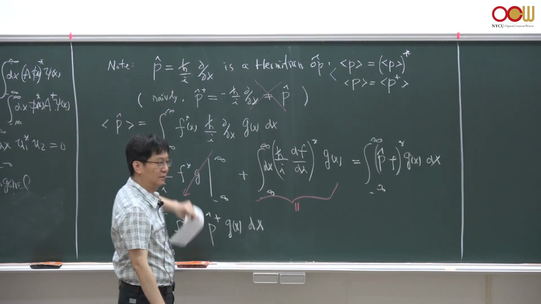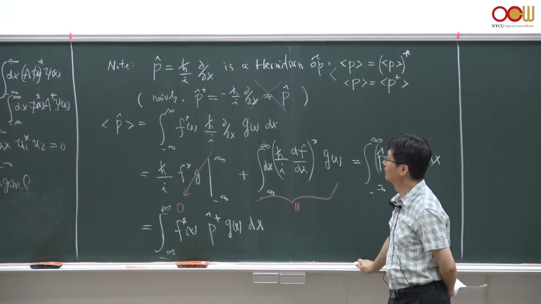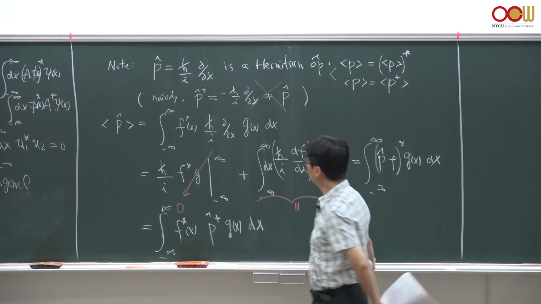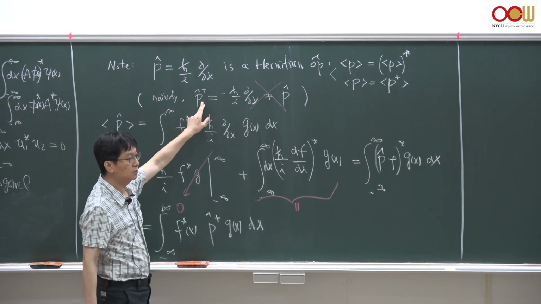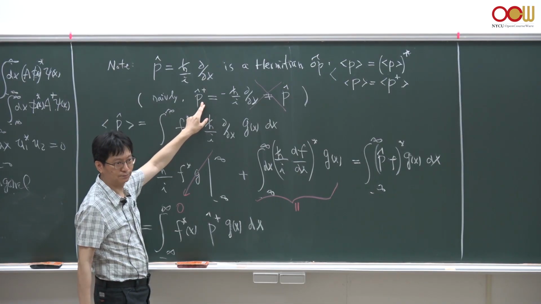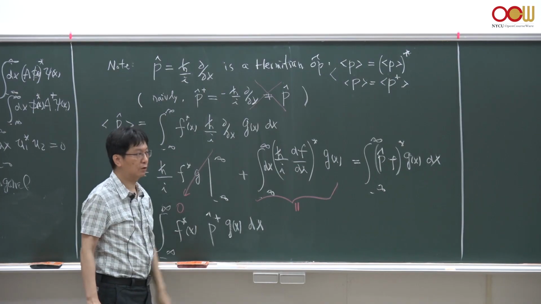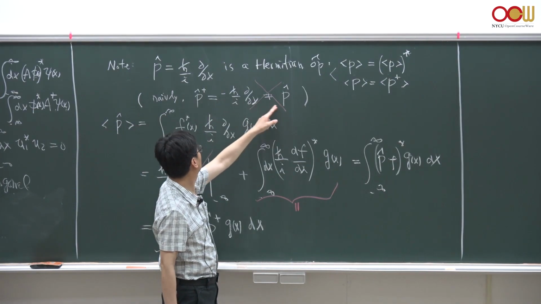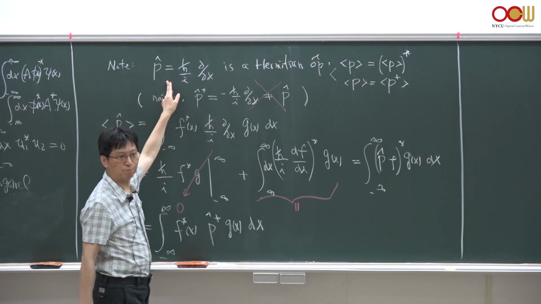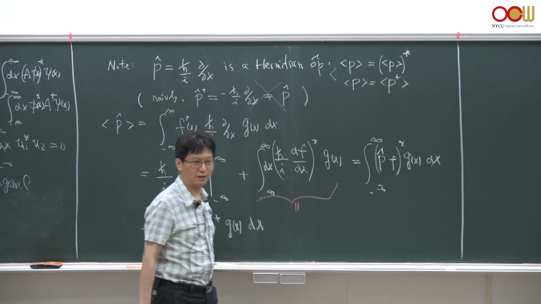However, naively, you will find a very confusing result, because if you simply take the Hermitian conjugate of this p operator, you will find that this is minus h bar over i d by dx, which is not the same as p, because p is plus h bar over i and p dagger is minus h bar over i.